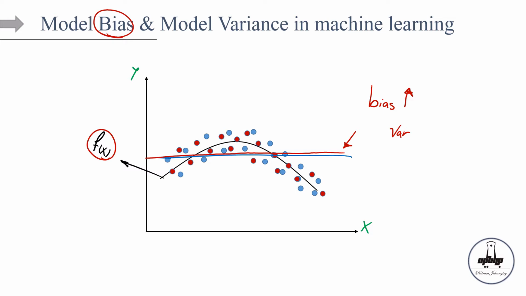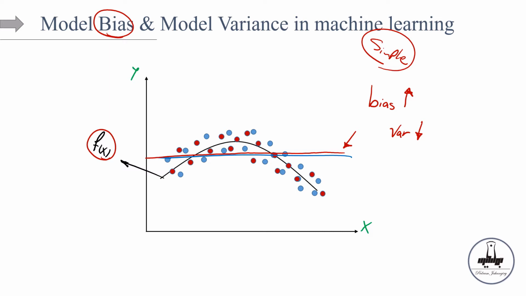Because for every realization, the model is super simple, and for that reason it's not capturing the average pattern in the data. So in this example, we showed that if the model is very simple, the model bias is going to be high and model variance is going to be small.